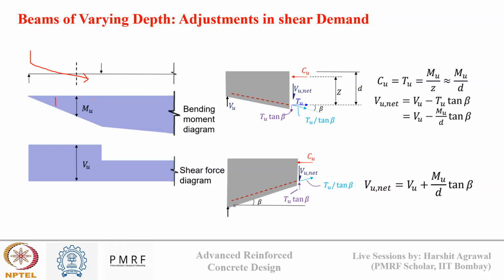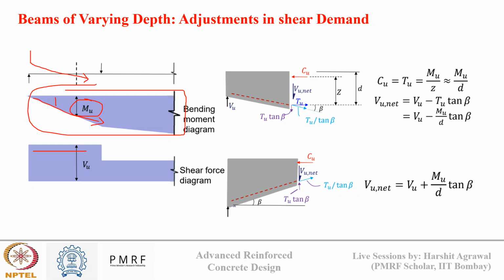As you can see in this diagram, the bending moment diagram and the shear force diagram, in the direction where bending moment is increasing, the depth of the beam is also increasing. So for such cases, how do we determine the net shear force?